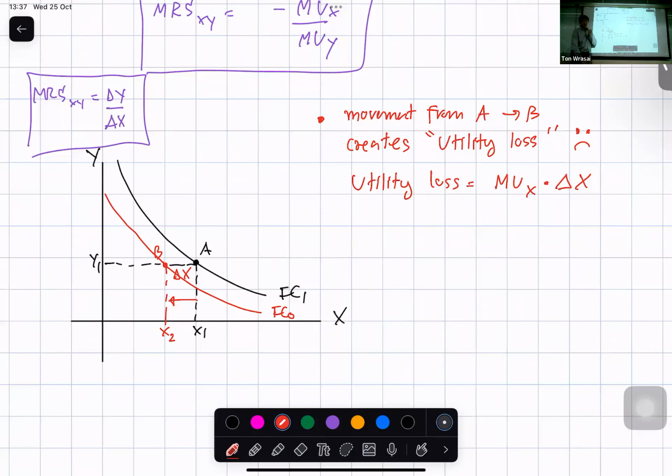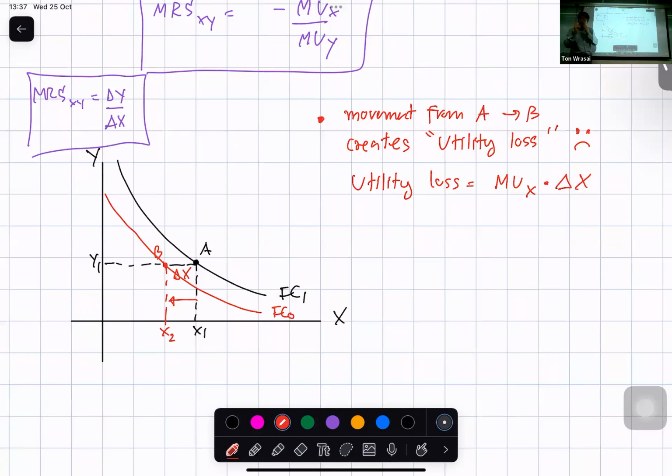Utility loss equals marginal utility from pizza times the amount of pizza that we steal from him. Delta X is the amount of pizza that we take away from him.